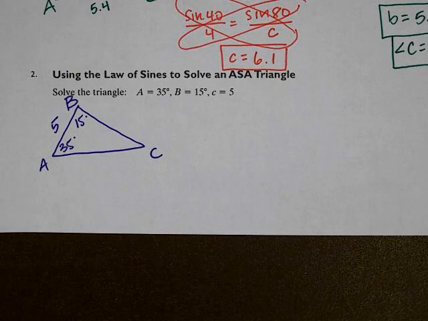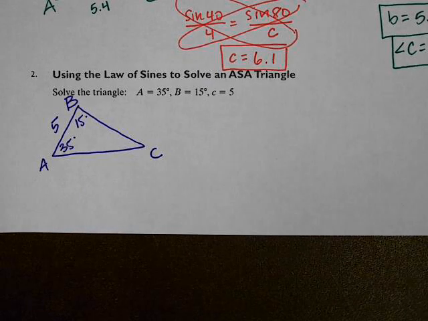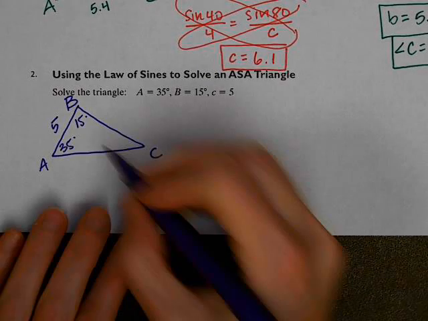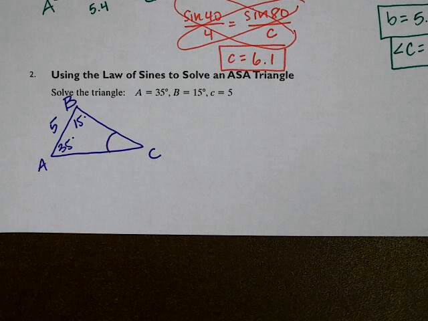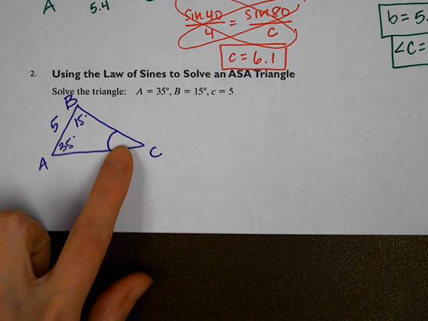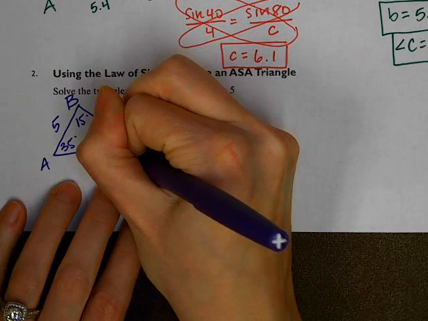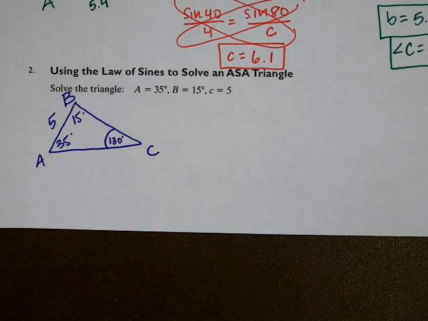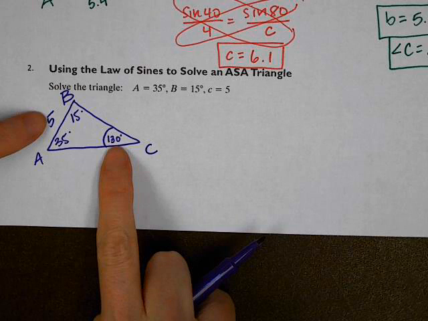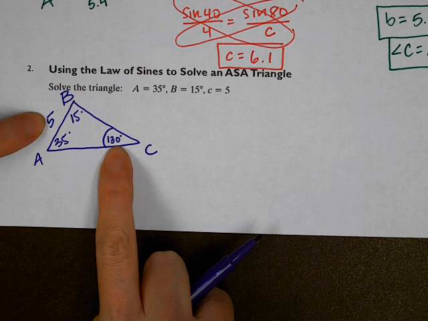So let's go ahead and set up our first ratio here. On this one, you know what I would do first? I would find angle C. So 180 minus 35 and 15, that's going to be 130. You need to do that first so we have one matching opposite pair.